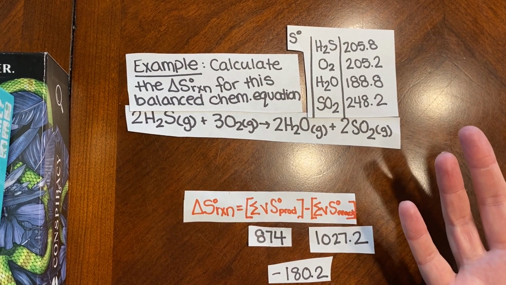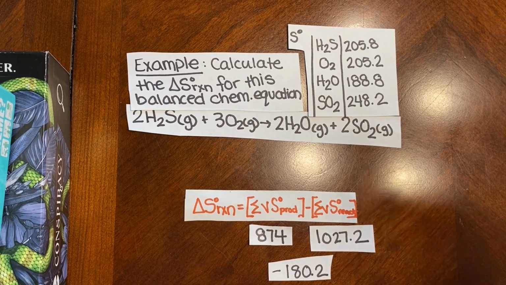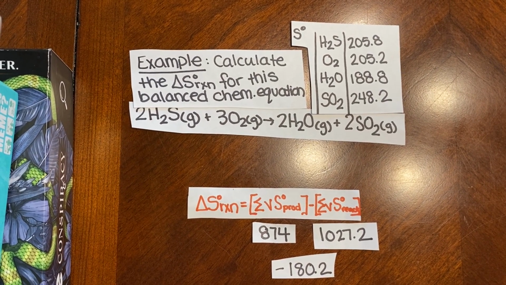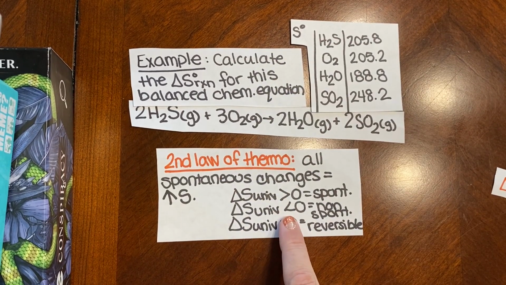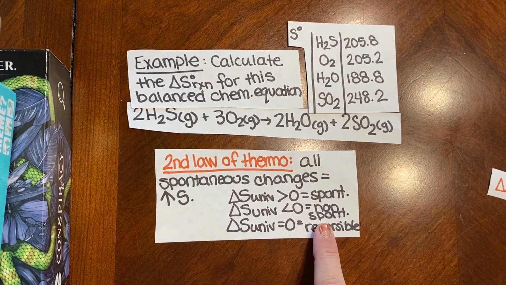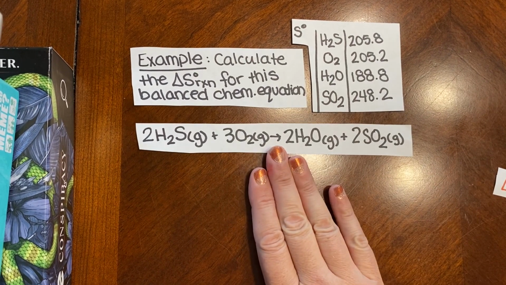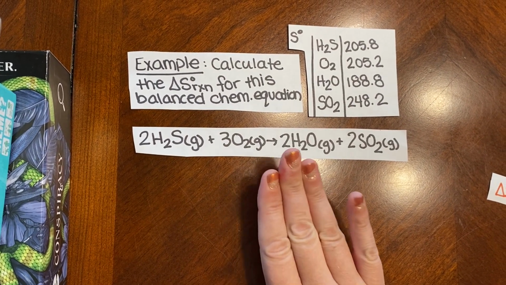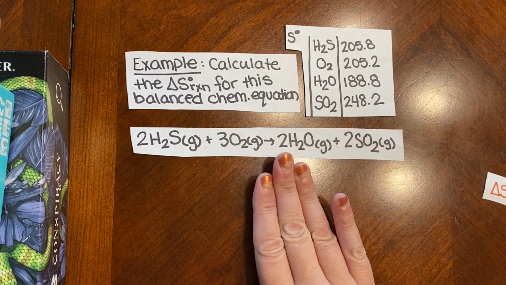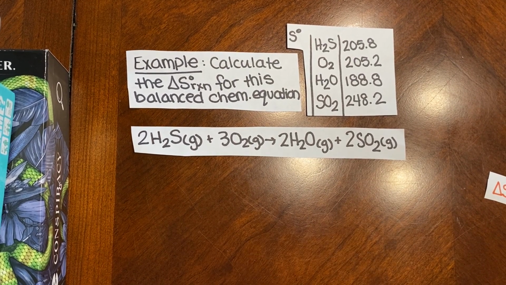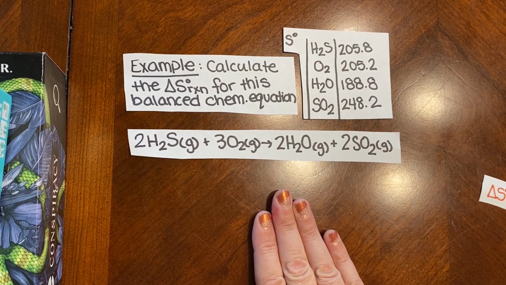So what does this all mean? We have a negative delta S of our reaction. A very long time ago in some video, we said that when we have a negative delta S, it is non-spontaneous. So in order to make this reaction work, it needs energy to drive it. It needs energy in order to make this happen, because currently it is non-spontaneous.